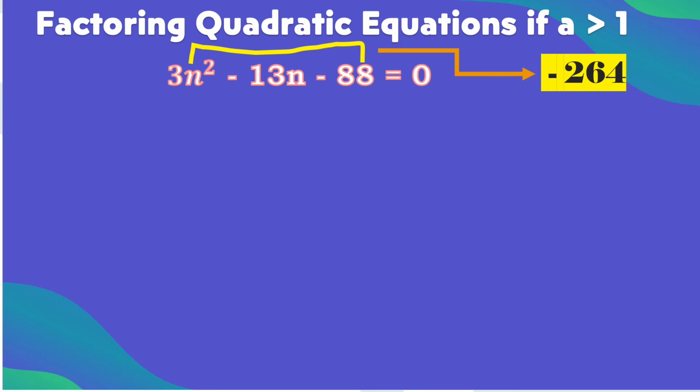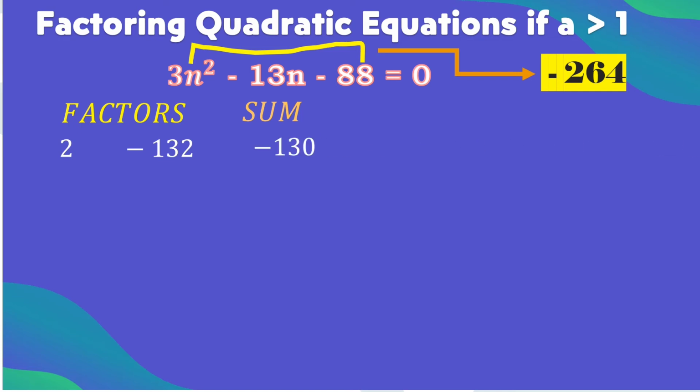So again, this is a negative product, so one of the factors should be positive and the other one negative. By listing all the factors and finding the corresponding sum, we have the following list. Negative 132 with a sum of negative 130. Negative 2 and positive 130 has a sum of 130. 3 and negative 88 has a sum of negative 85.